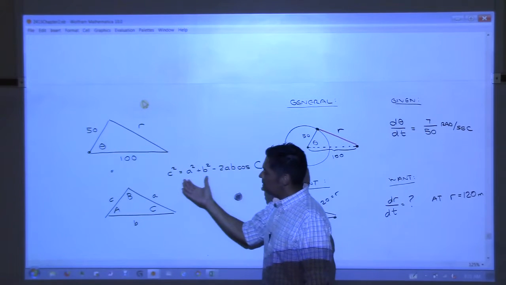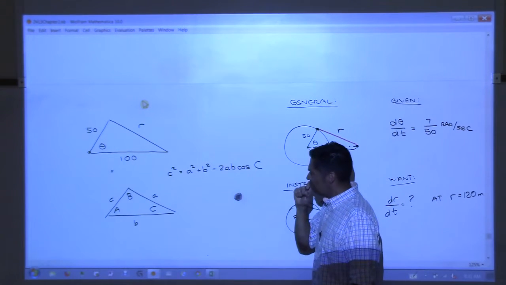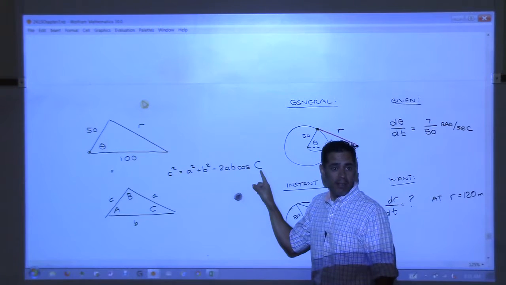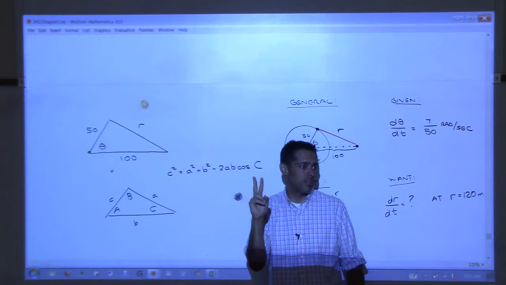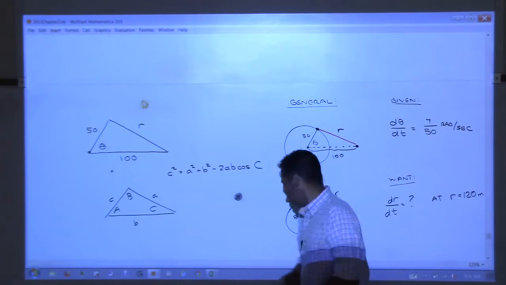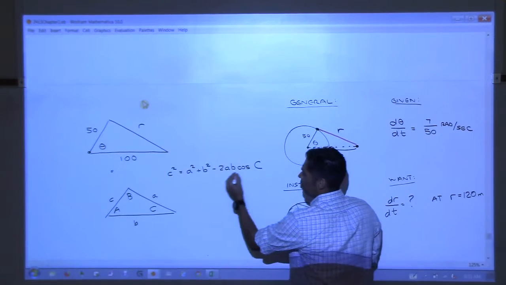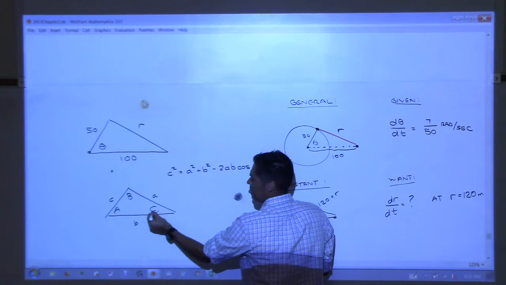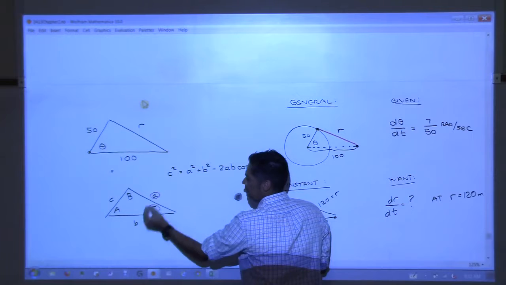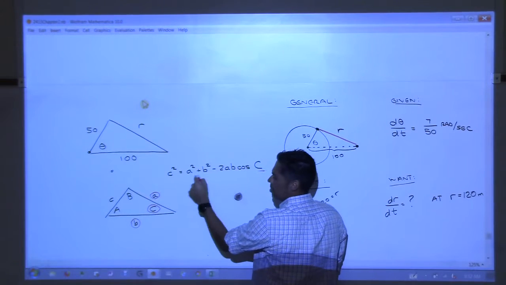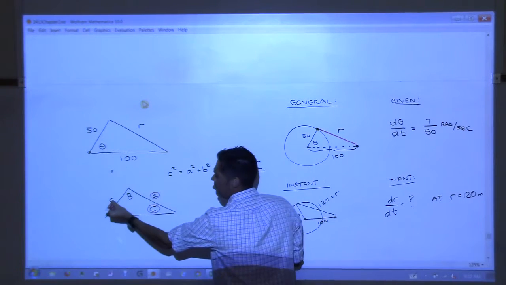The thing that's good about this law of cosines is that it includes an angle, and then everything else in it has to do with the two other sides of the triangle. In other words, in this formula, the capital C is in there, and then the a and the b are in there, and the little c is the opposite side.